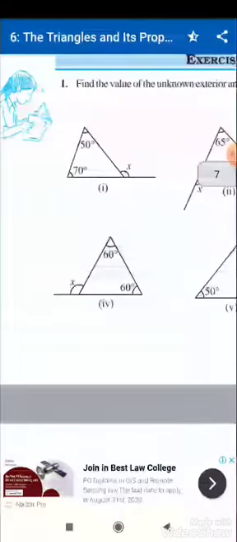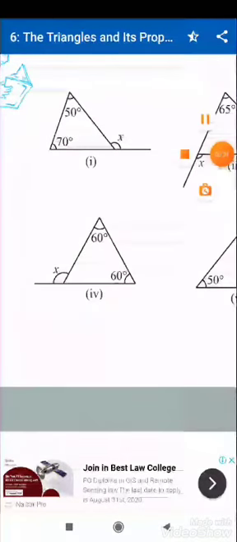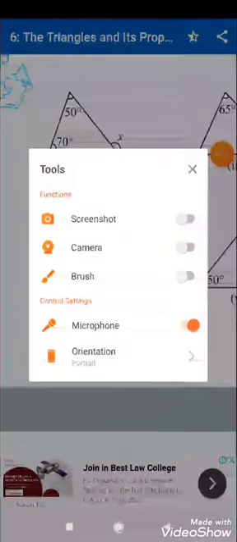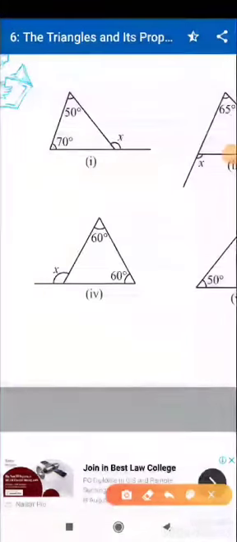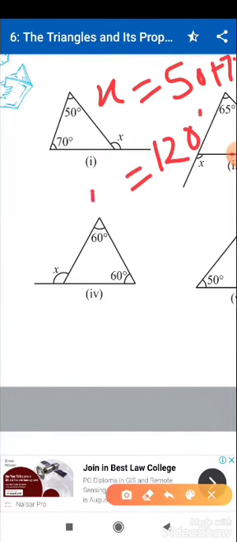In the first diagram you can see that x is the exterior angle and 50 degrees and 70 degrees are the opposite interior angles. So the value of x must be equal to 50 degrees plus 70 degrees. So its answer is 120 degrees. So the value of x is 120 degrees.